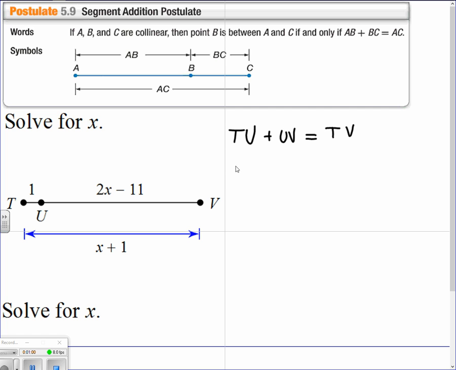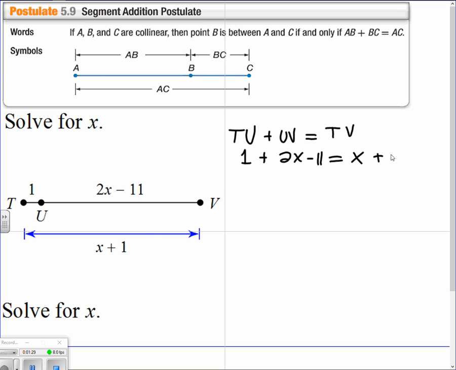Now plugging in the values, length TU, from T to U, is 1, plus UV, from U to V, is 2x minus 11, and the length of TV, from T to V, is x plus 1.